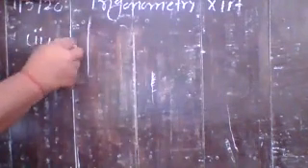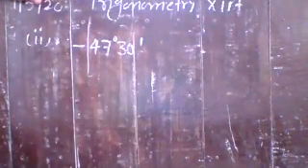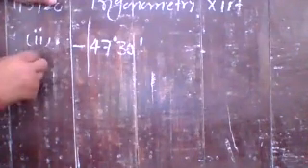Second question: minus 47 degree 30 minute. You have to convert that into radian. What do you do in that case?